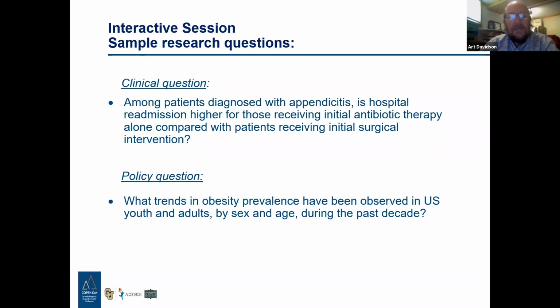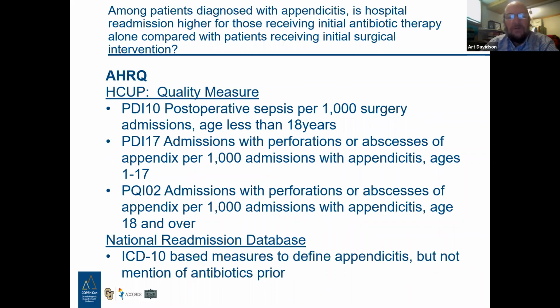So last night I spent a little time just thinking about this question and looking through the data sets. I went to the source that I would think might have something about this, AHRQ. They had two data sets. When I looked for the word readmission or appendicitis or antibiotics in the Healthcare Cost and Utilization Project, the quality measure data set had post-operative sepsis for every 1,000 surgery admissions as one place where you would find outcomes from appendicitis.